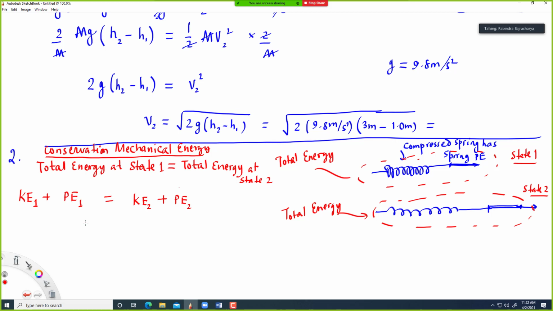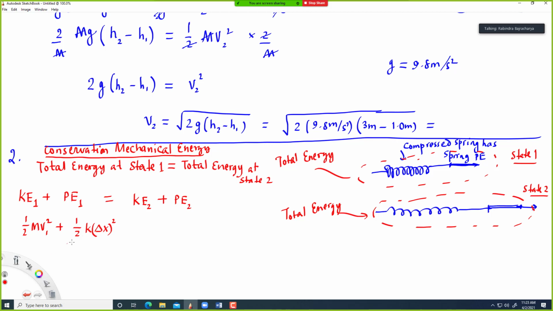In state 1, the dart and the spring both are at rest. That means what's the kinetic energy? By the way, the potential energy we are talking about here is not gravitational potential energy, but spring potential energy. The formula for spring potential energy is 1/2 k delta x squared. Okay, that's for state 1.